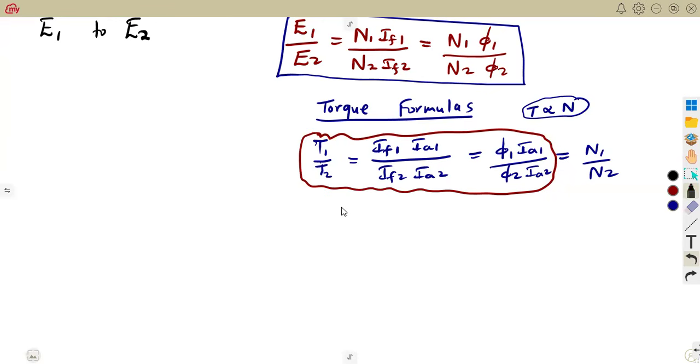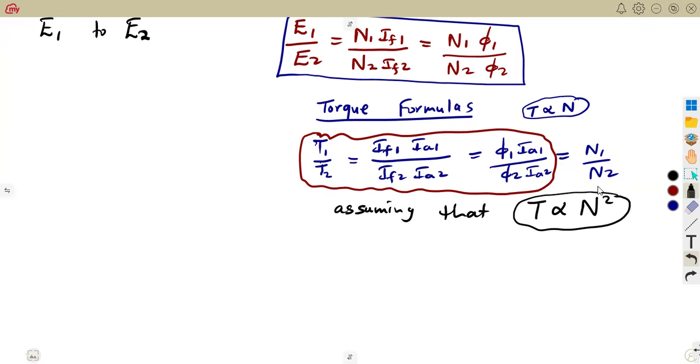We can also assume that the torque is proportional to the speed squared; they will give you that condition. When they give you something like that, you're going to use your formula, T1 over T2 is equal to flux 1, armature current 1 over flux 2, armature current 2.